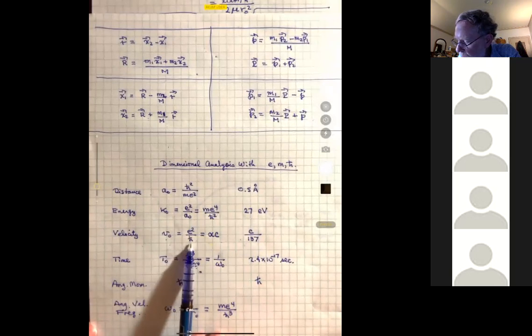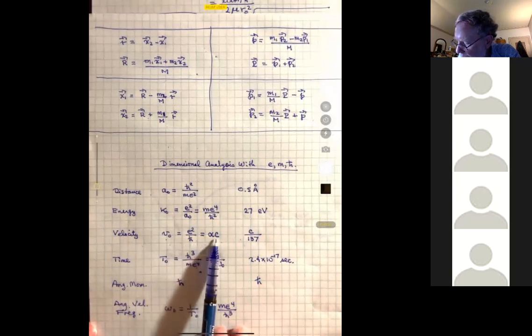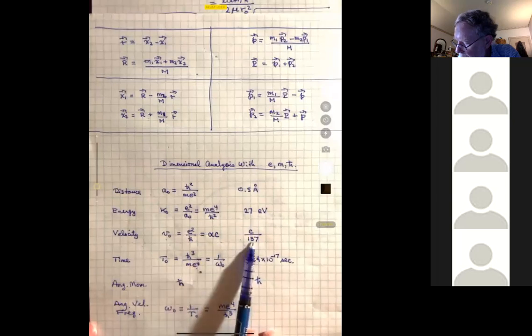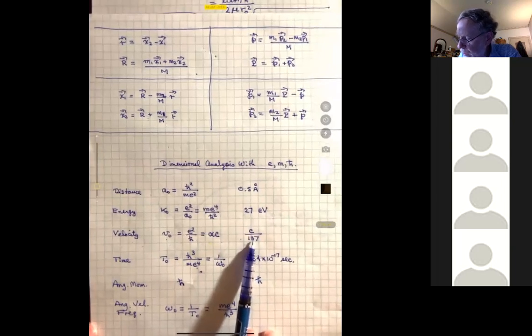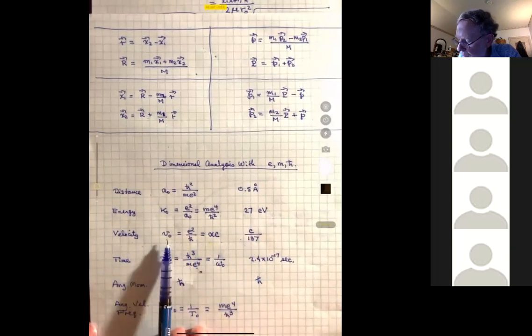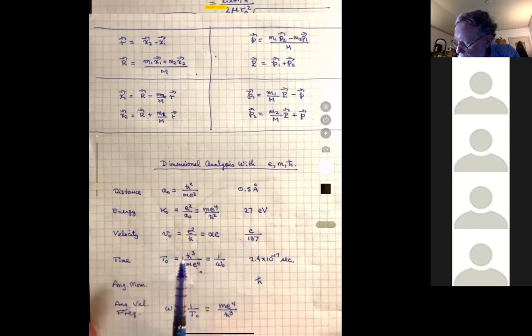The velocity is e squared over h bar. This is the same thing as alpha, the fine structure constant, times the speed of light. So it's c over 137. And this is essentially less than 1% the speed of light. It shows you that the velocities that are characteristic of the electrons in this situation are essentially non-relativistic.